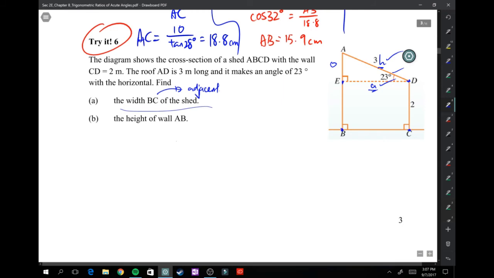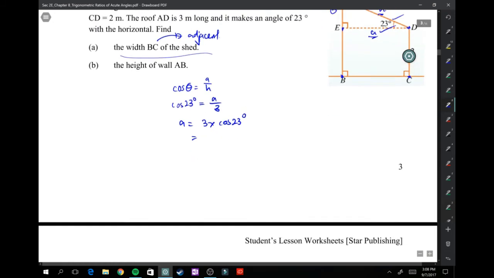It should come to you that cosine theta equals adjacent over hypotenuse, and therefore cosine 23 degrees equals adjacent over hypotenuse, which is 3. So adjacent equals 3 times cosine 23 degrees. Press your calculator, you should be able to get the answer.